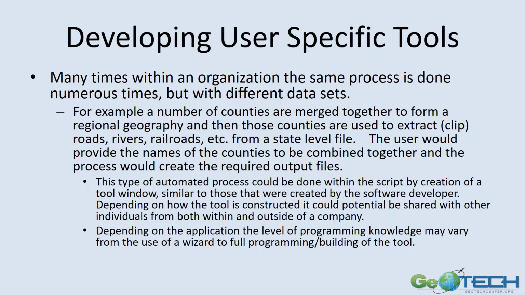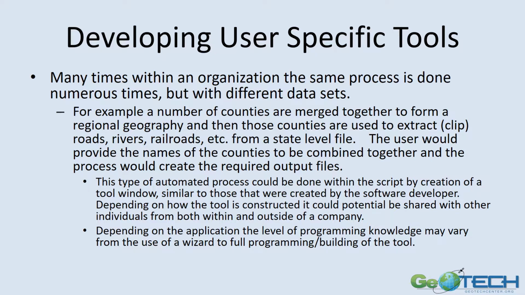So those counties that function together, we want to then do a regional map for that area. Maybe it's a tourism map as part of what we're doing. And then we want to extract things from another map, such as a statewide map, and we only want to look at things for the area that we're interested in. Or you're building a road map for that area, and you only want to look at specific areas.